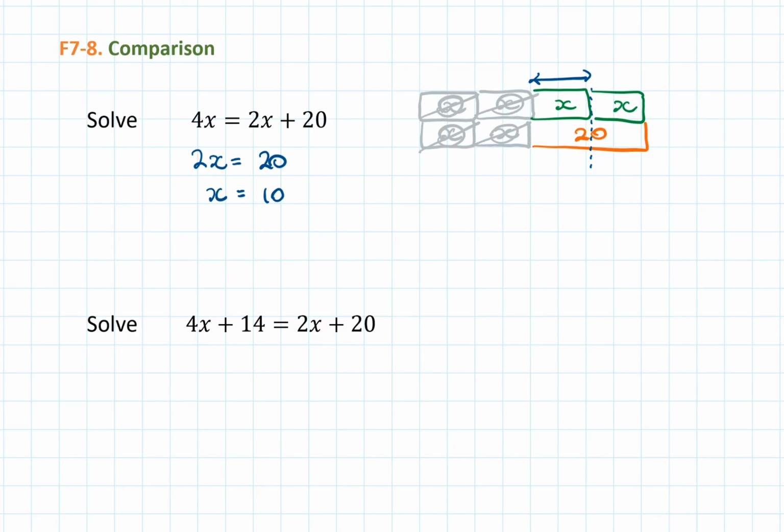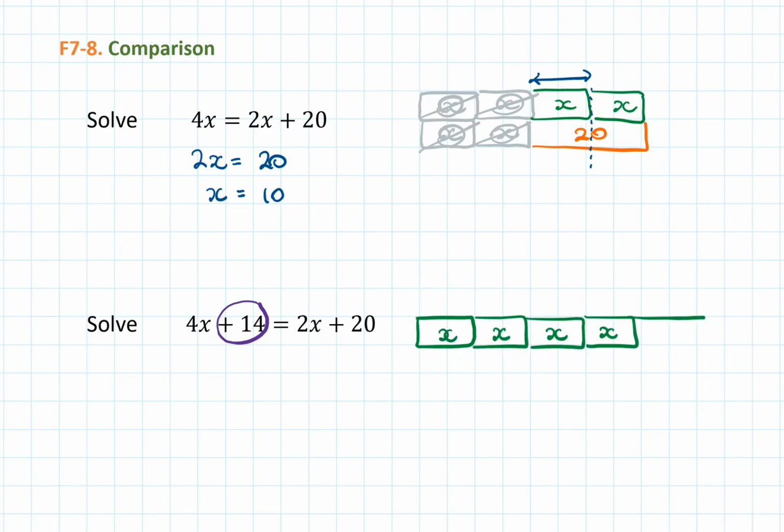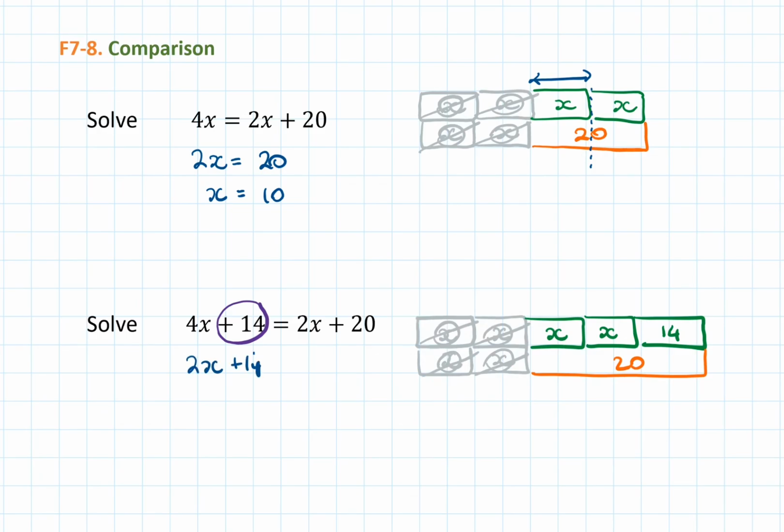Notice the difference between the first and the second example is the additional 14 on the left-hand side. So let's draw the bar model. 4x plus 14 equals 2x plus 20. First things first, we cross out the x's, and we are left with 2x plus 14 equals 20.